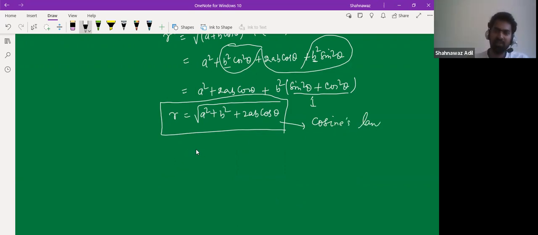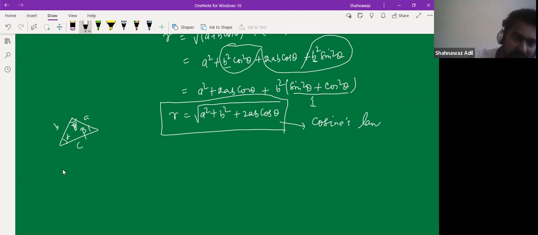And you will say, how is this the cosine's law? In cosine's law, what was the cosine's law? Let's make a triangle and recall. So this was gamma, this was alpha, this was beta, this is A, this is B, this is C. And what was the cosine's law?